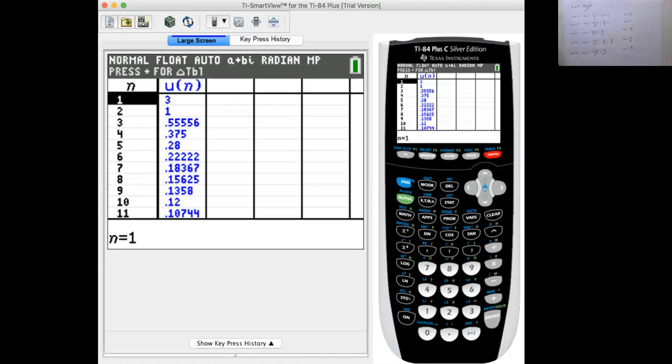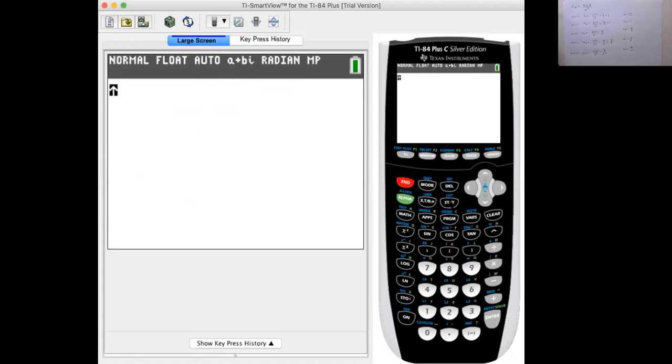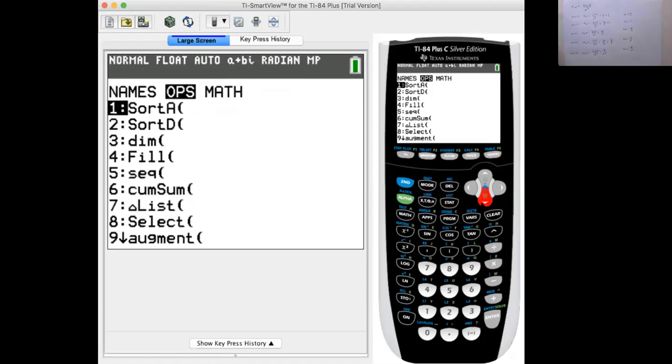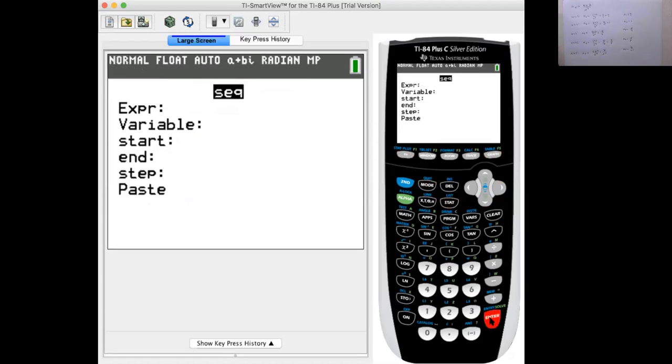Indeed. But what I think is a little more useful, frankly, is to go to second stat and go to ops, and you'll notice sequence here. Enter. Our expression is n plus 2 over n squared. Again, here is our n as long as we are in sequence mode. n plus 2 divided by n squared.